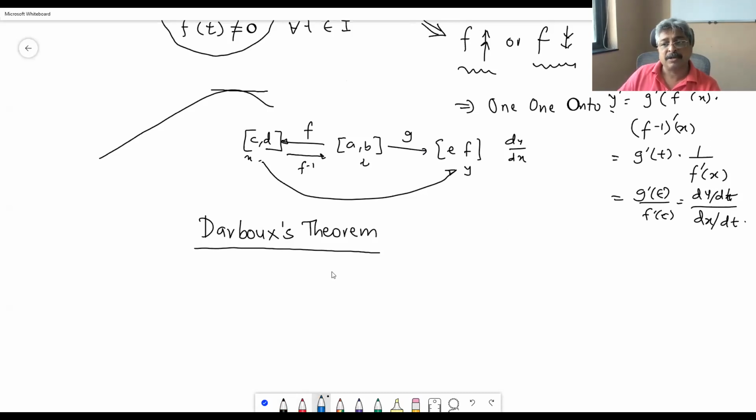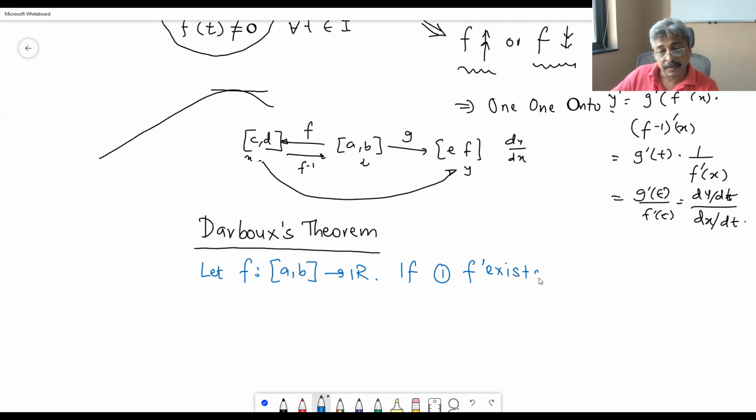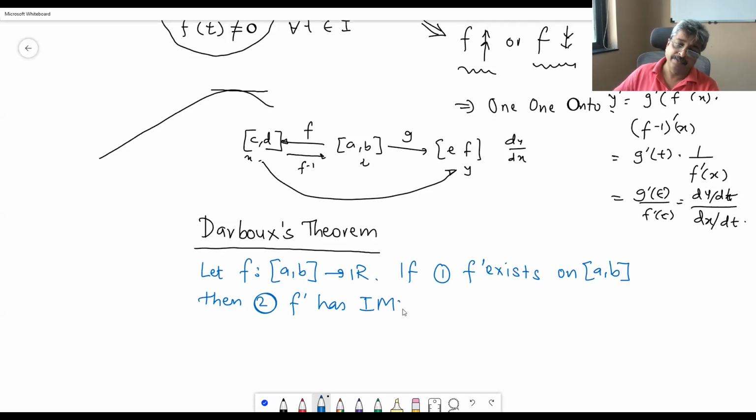So let me state Darboux's theorem. Let f be defined from [a, b] to R. If (1) f dash exists on [a, b], then (2) f dash has the intermediate value property.